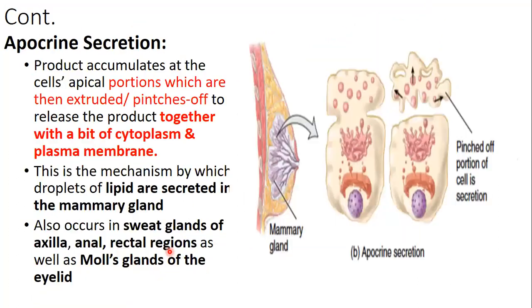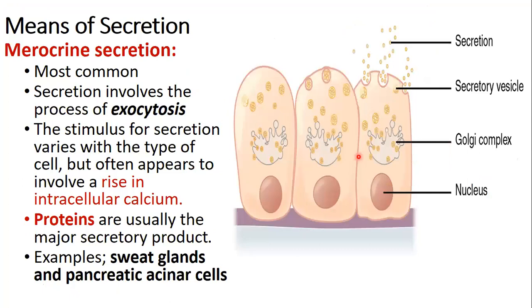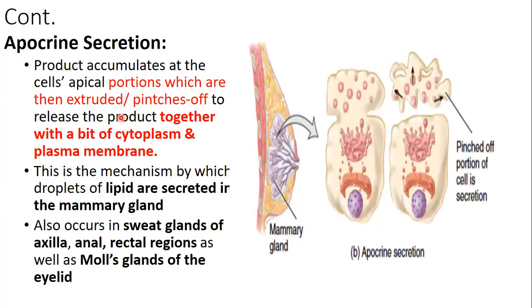So you see that with these two, the cells are being affected because they are losing part of the structure. But with this one, the cell remains intact. That is merocrine. And most glands in the body secrete by merocrine. Only a few, like we have mentioned here, secrete by apocrine and holocrine. Now, if you focus on apocrine, you see that the cell is losing the apical part.